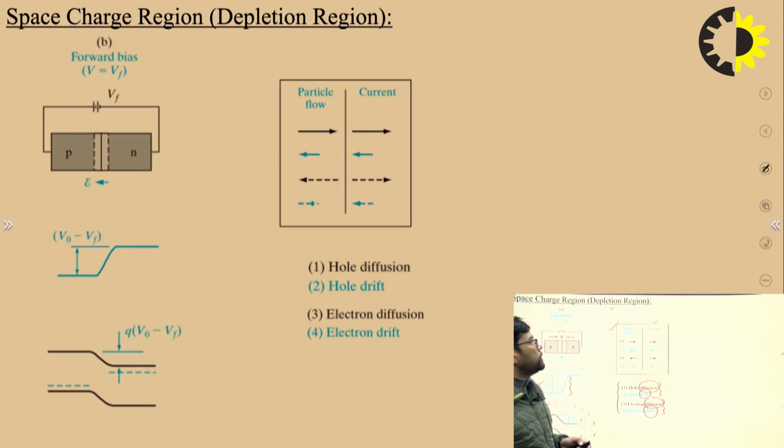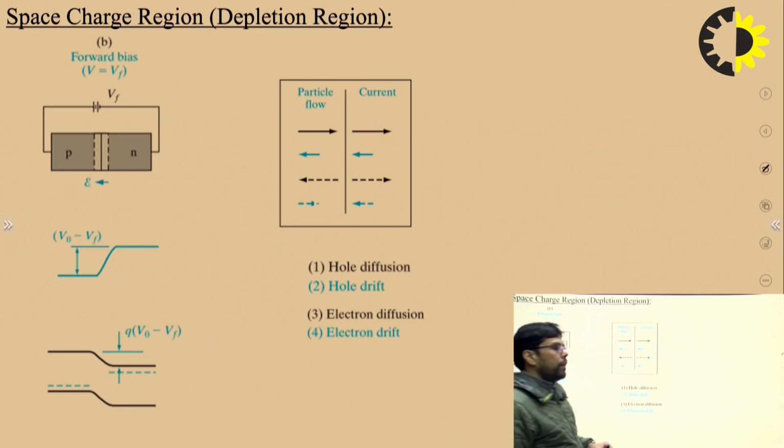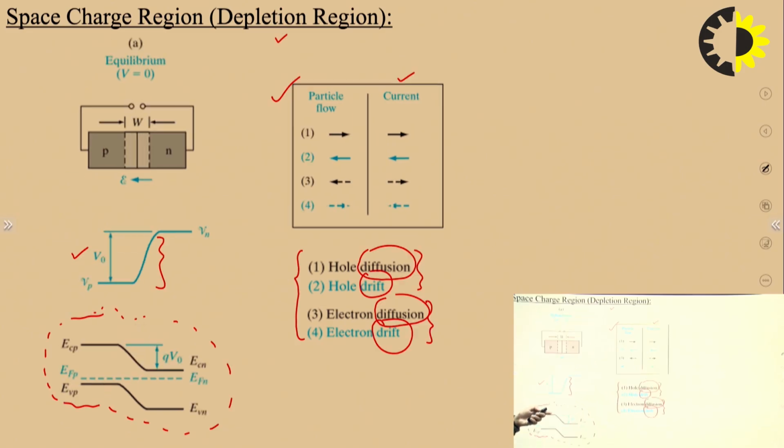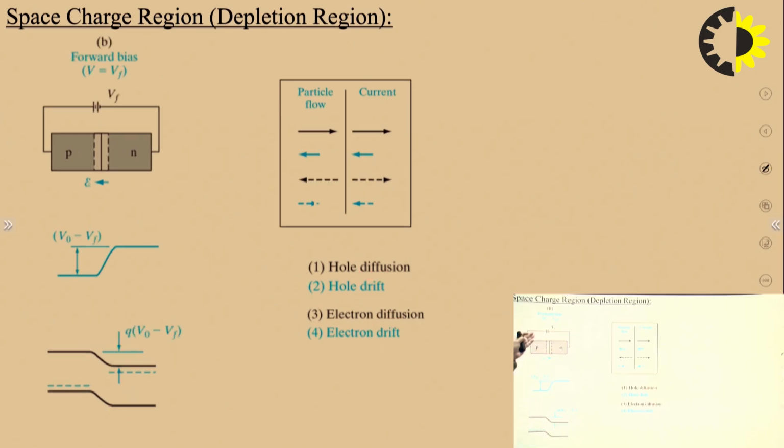The next one is the forward bias case, and the effect of forward bias over the depletion region. In the last slide you can see the field is directed from N to P. In the forward bias you connect P to the positive terminal and N to the negative terminal, right?